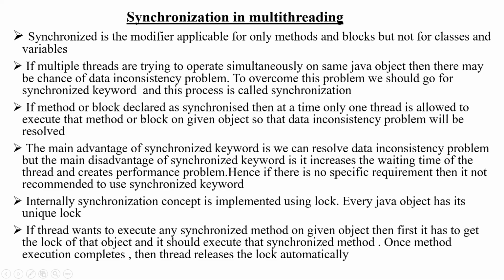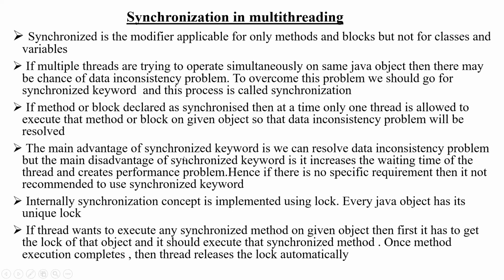If a method or a block is declared as synchronized, then at a time only one thread is allowed to execute that method or block on the given object. Why? Because whichever thread gets the chance first will acquire the lock of that object and have access to it. The remaining threads have to wait for their chance, so the data inconsistency problem is resolved.